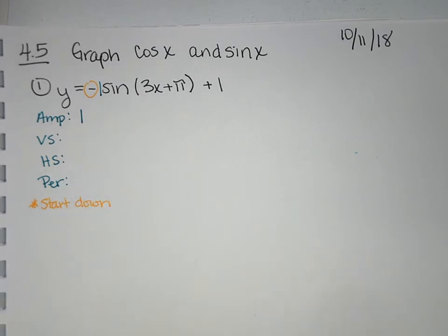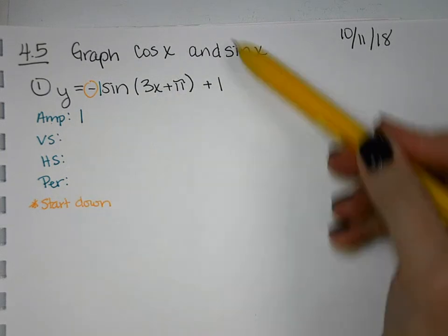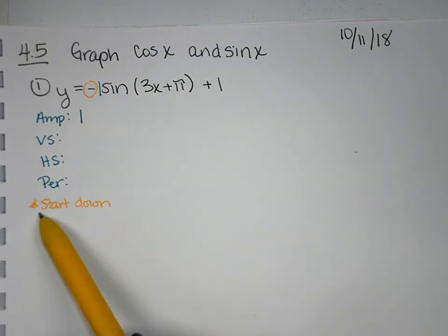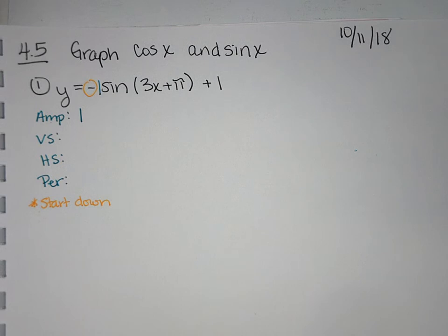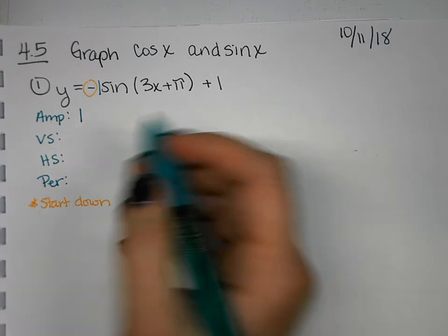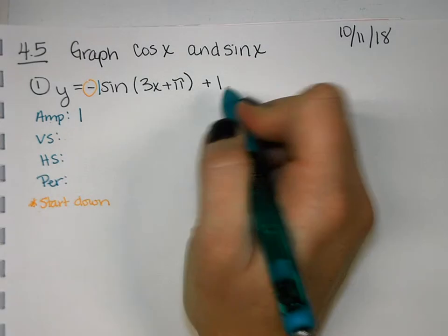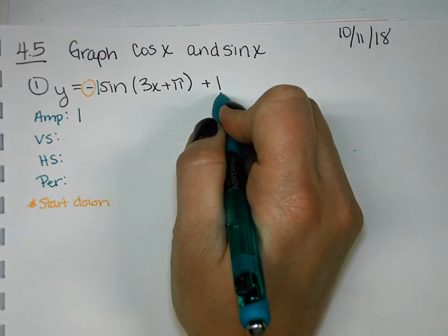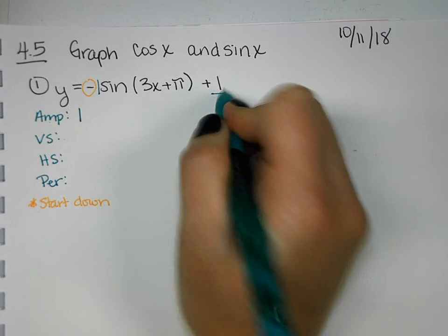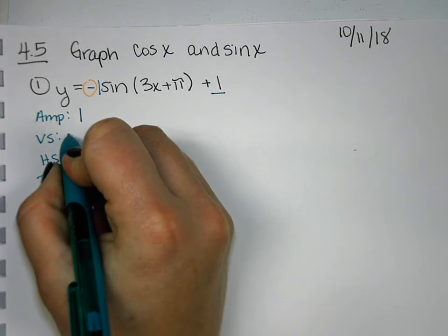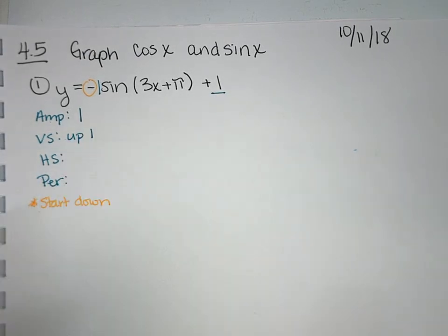Because normally with sine, we start at 0 and go up, and now we're going to start at 0 and go down because of that negative. When it comes to our vertical shift, we look for the number being added or subtracted outside. So that would be 1. So we're going to go up 1.